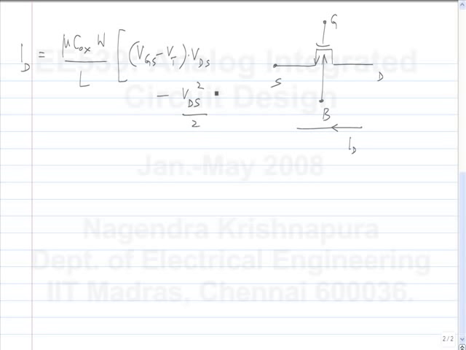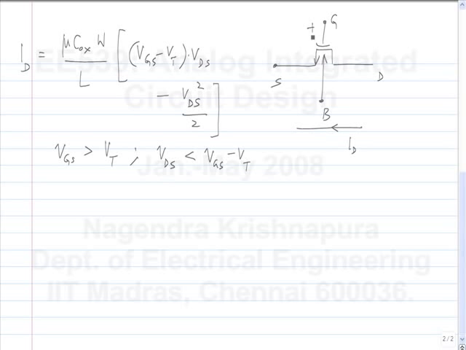Okay. That is the model when VGS is greater than the threshold voltage VT and VDS is less than VGS minus VT. Okay.